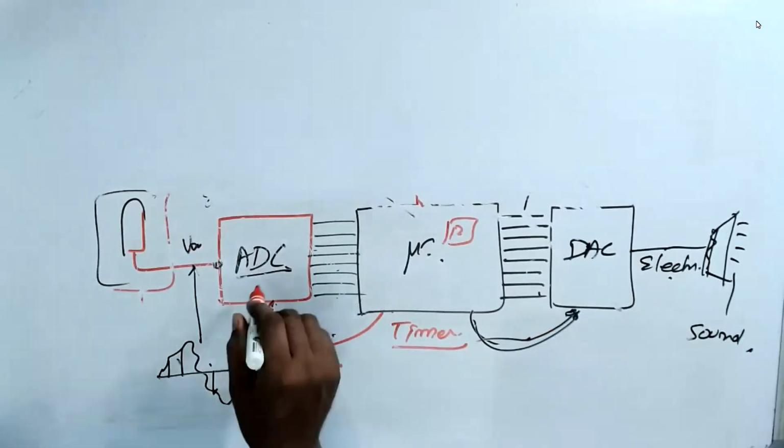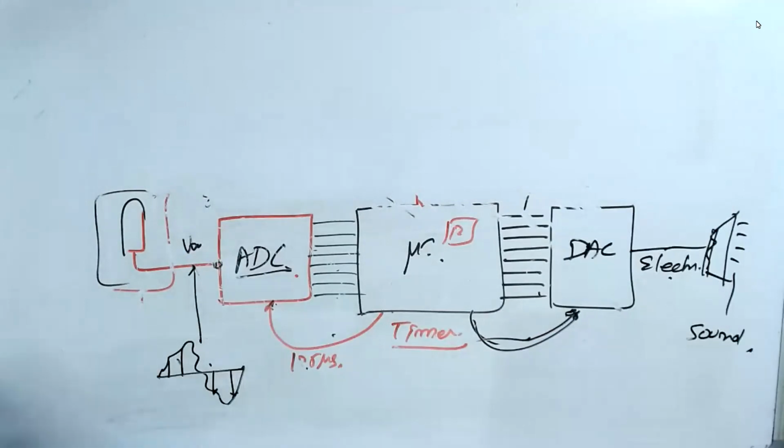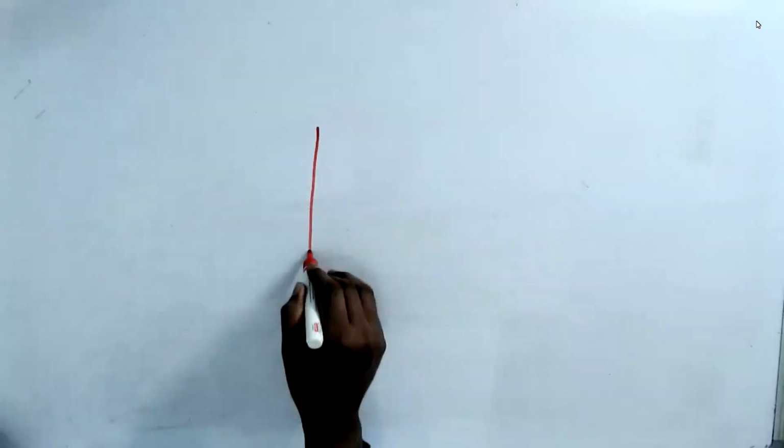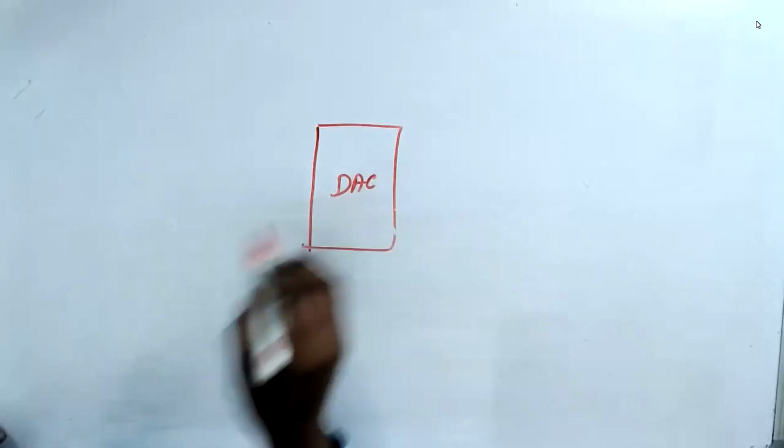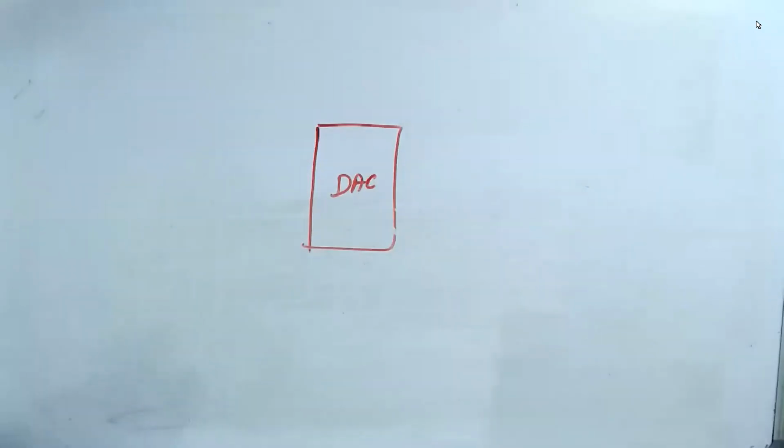Now let us see how the ADC works. We should not forget that. I explained everything, and if I don't explain how ADC works, it's incomplete. Now, I have a DAC. Understand? See here, I have a DAC.